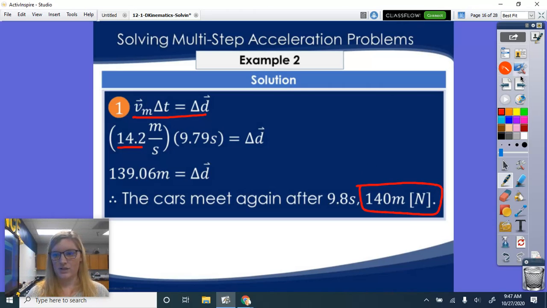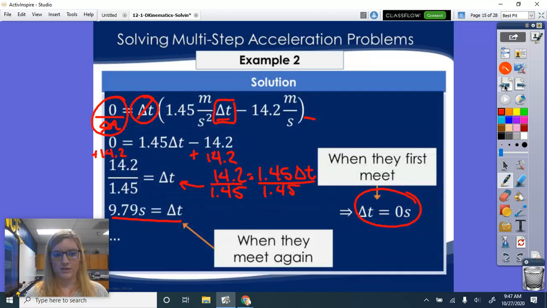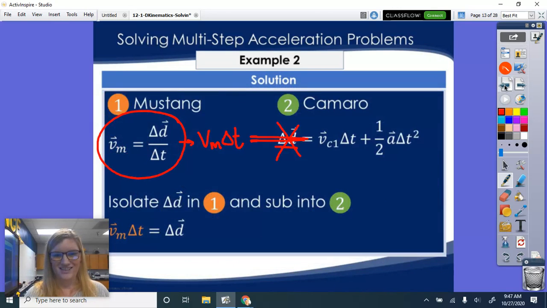I guess here, let me just kind of prove that out to you. Because why not, right? Like math, yay. Okay, so I come back here. I now know, let's do it in obnoxious bright green. Okay, so I'm going to look at we just solved it with the Mustang equation. I'm going to go ahead and plug my time into the Camaro equation just to prove that this is what happens.